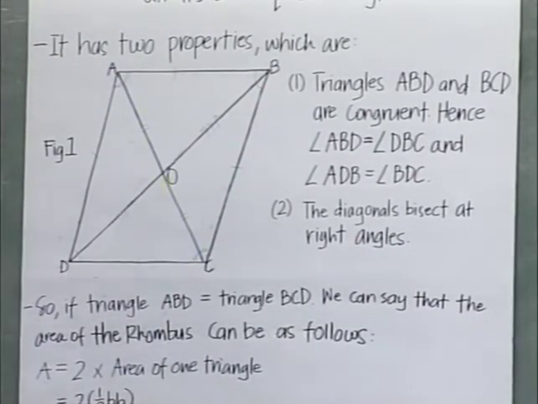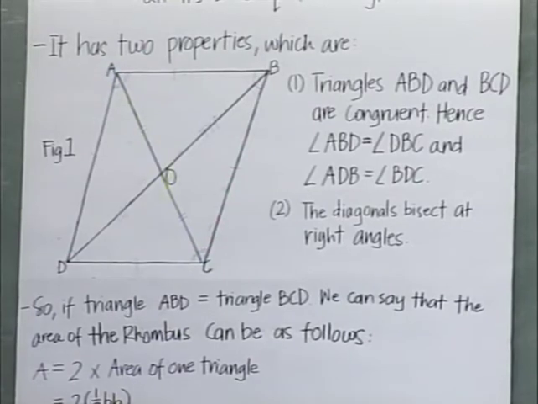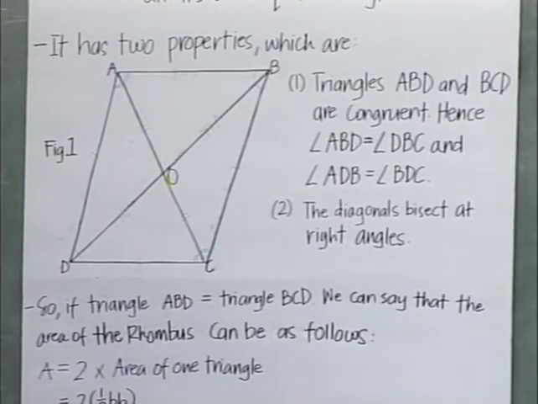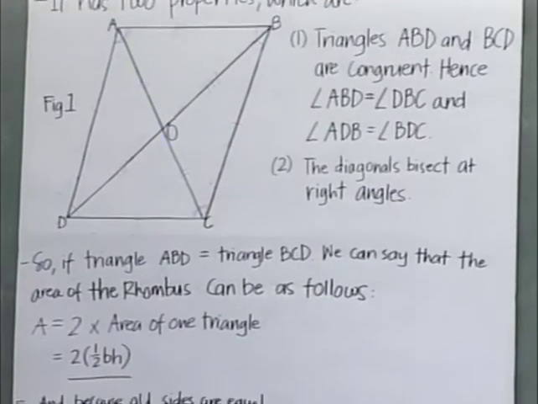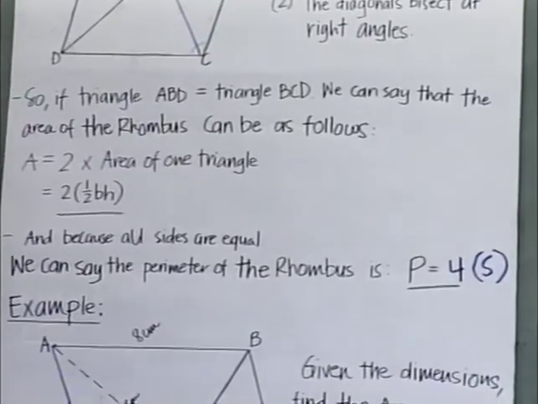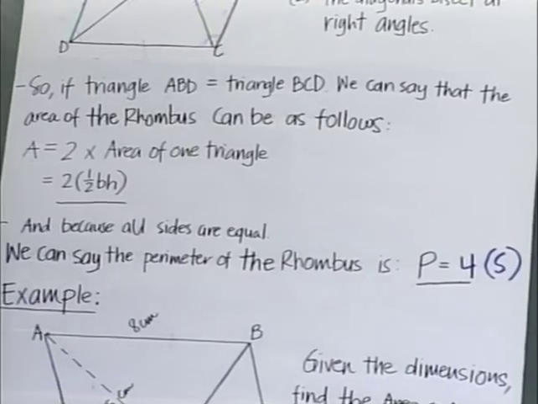And property number 2, the diagonals bisect at right angles. So if triangle ABD is equal to triangle BCD, we can say that the area of the rhombus is equal to 2 times the area of one triangle. Therefore, it's equal to 2 times half base times height.